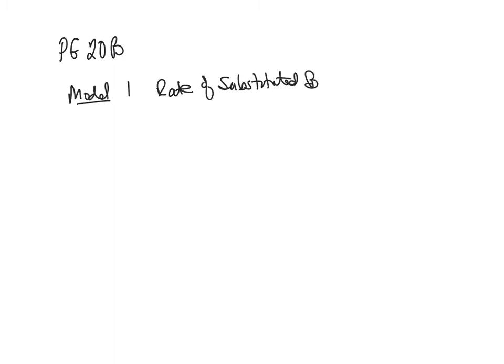Let's do your POGIL activity 20B. So Model 1 talks about the rate of substituted benzenes.